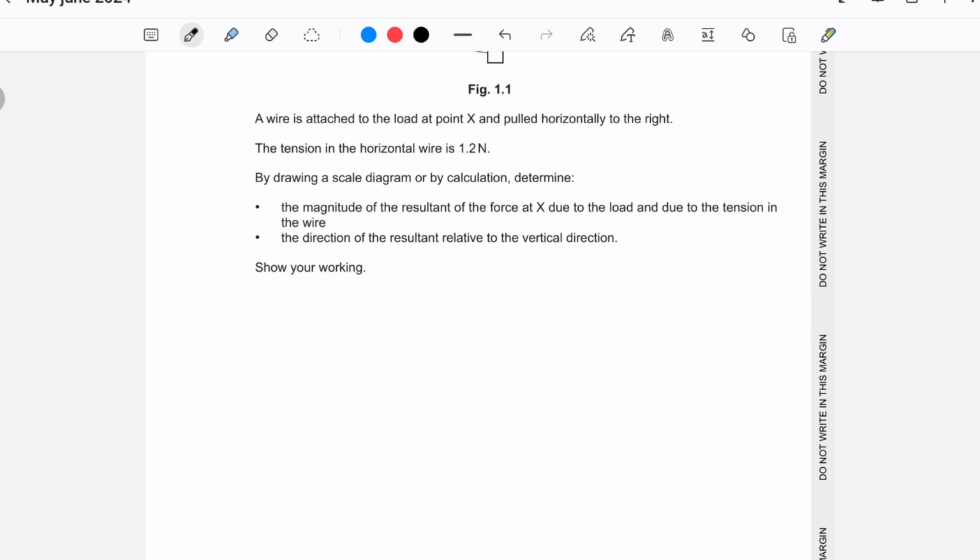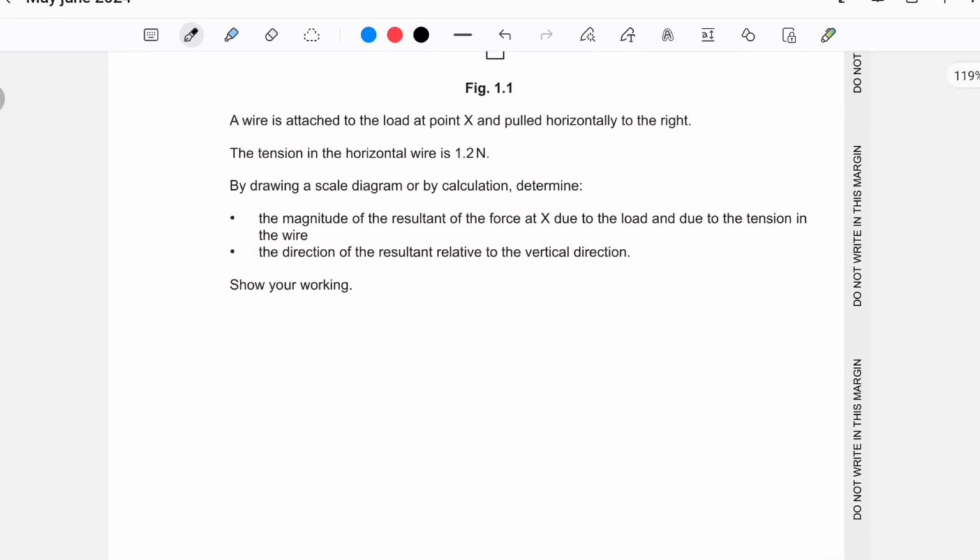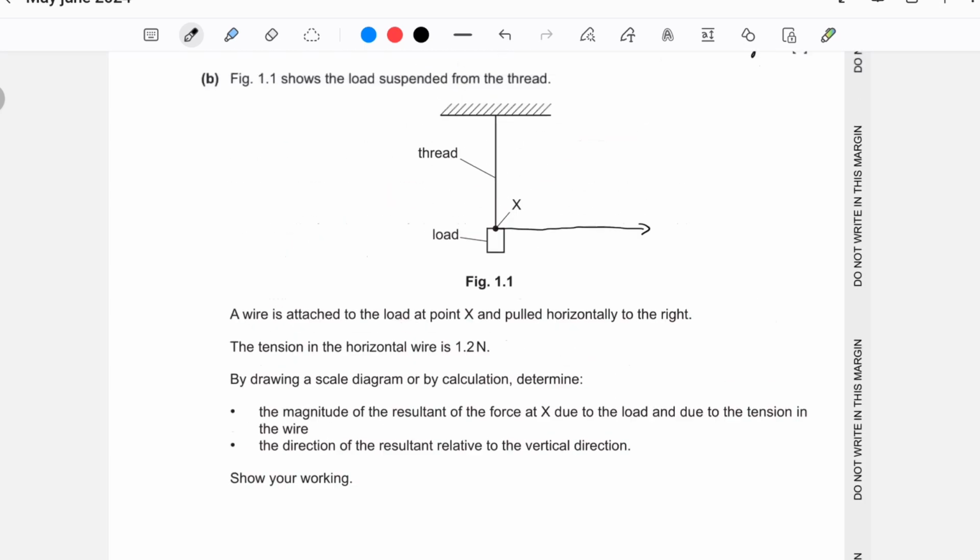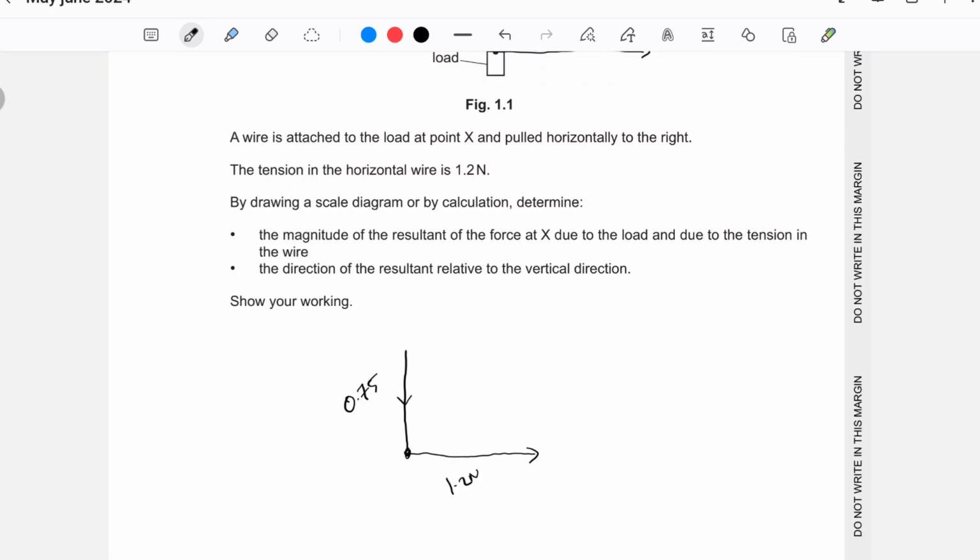By drawing a scale diagram or by calculation, we have to determine the resultant force at X due to the load and due to the tension in the wire. So this is a rectangle, and this would be the resultant.